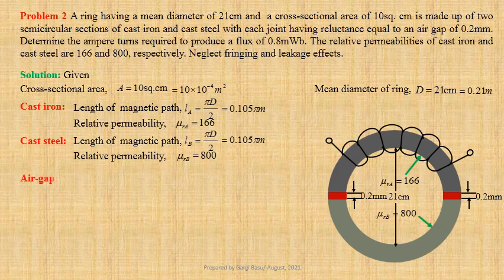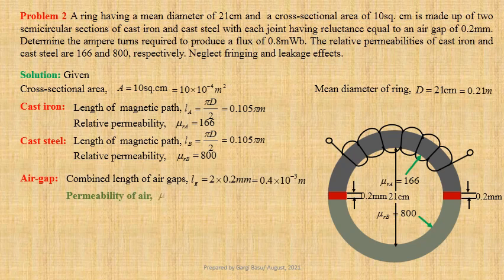For air gap, given combined length of the air gaps Lg equals 2 into 0.2 millimeter, that is equal to 0.4 into 10 to the power minus 3 meter. We know that the value of permeability of air mu0 equals 4 pi into 10 to the power minus 7 Henry per meter.